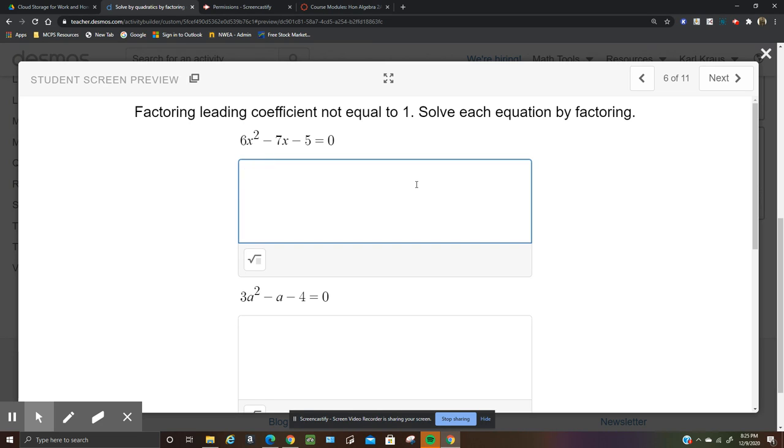So what you do first in the algorithm is do 6 times negative 5, and that's equal to negative 30.